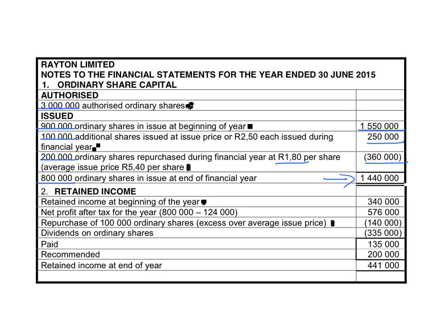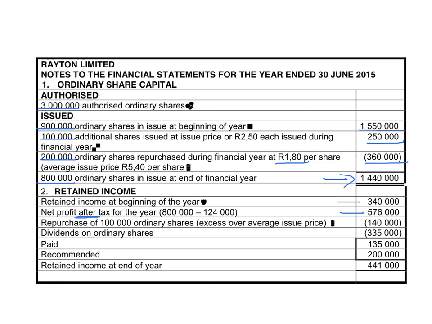If I look at my retained income account, they gave me the opening balance as 340,000. The profit that goes to retained income must be the profit after tax, because you first have to pay tax before the shareholders are entitled to any money. So I will take the profit of 800,000, subtract the 124,000 and say the profit after tax was 576.